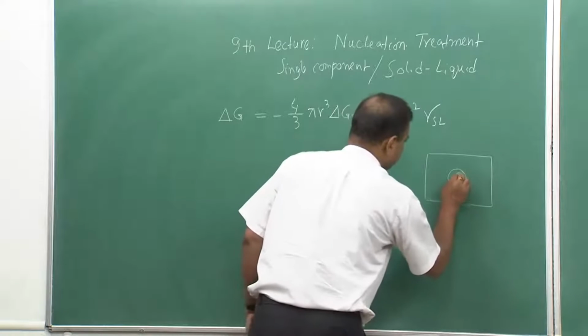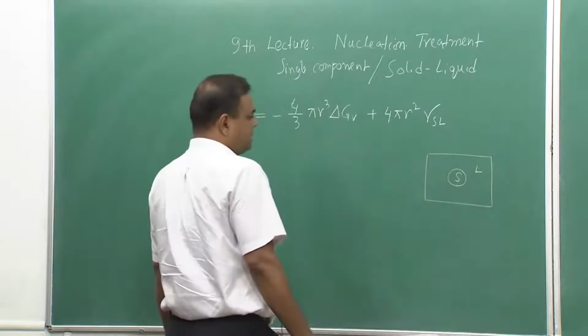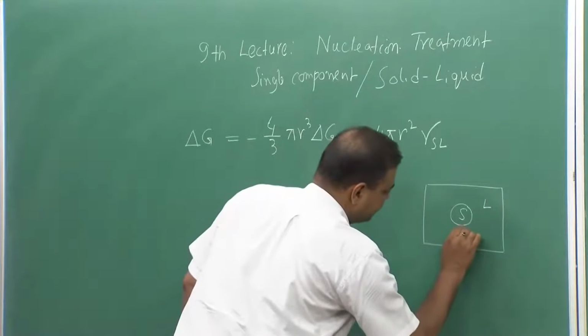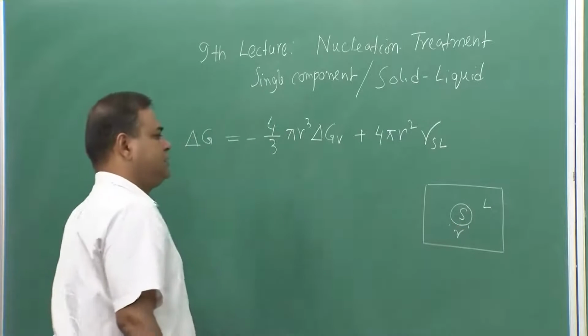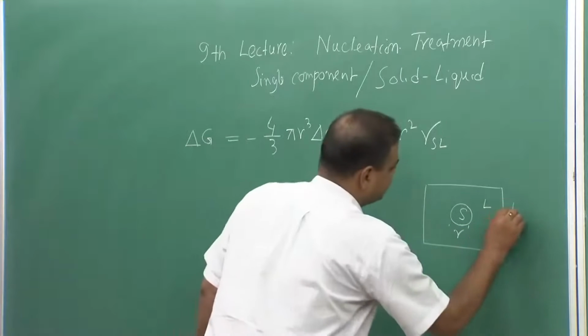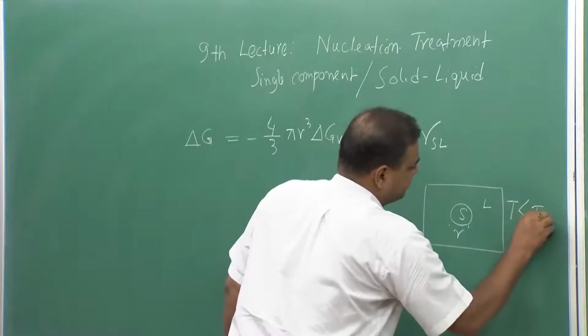So, this is solid, this is liquid, and this is of radius r, and this is at temperature T less than Tm.